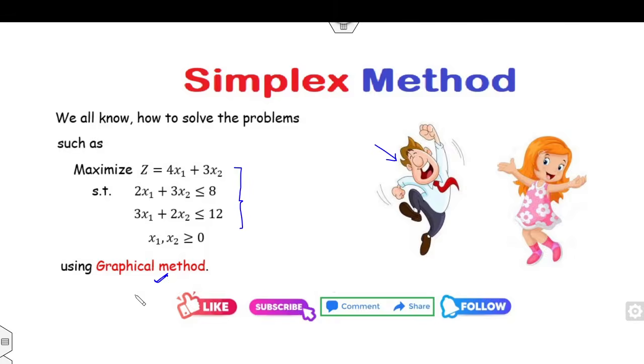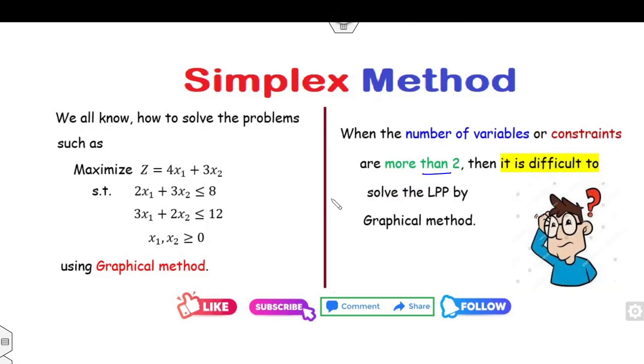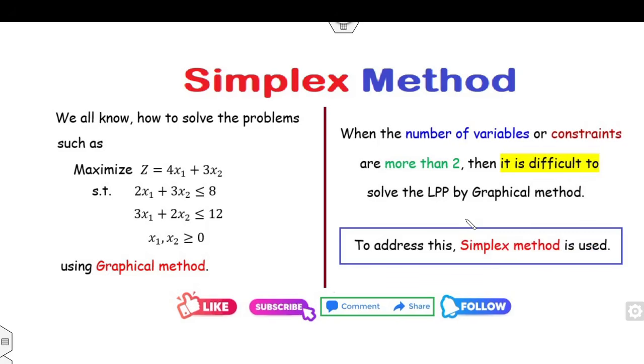However, whenever there are more than two variables like x1, x2, x3, or more than two constraints, it is difficult to solve the problem with the graphical method. Then, in order to address this problem, the simplex method is used for solving the linear programming problem.